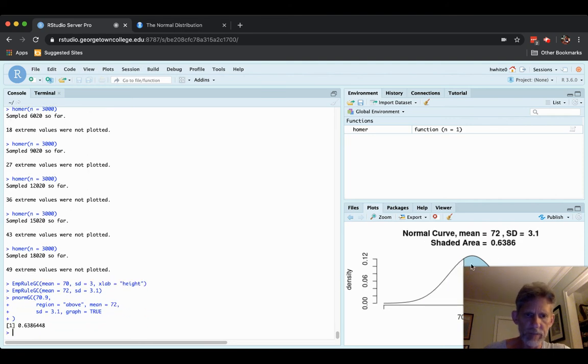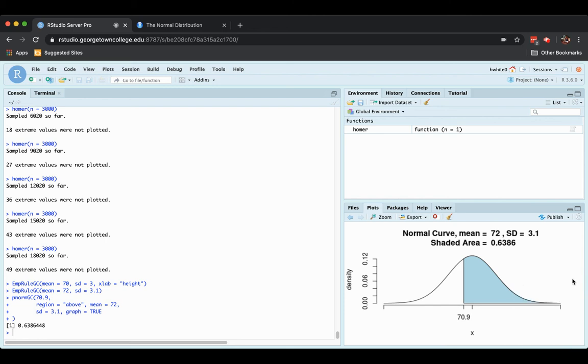And sure enough, the area under the normal curve past 70.9 is what gives you the probability of the random variable X being bigger than 70.9. And that chance is 63.86%, 0.6386. It's more exact over here in the console, 0.6386448, but basically about 63.86%.